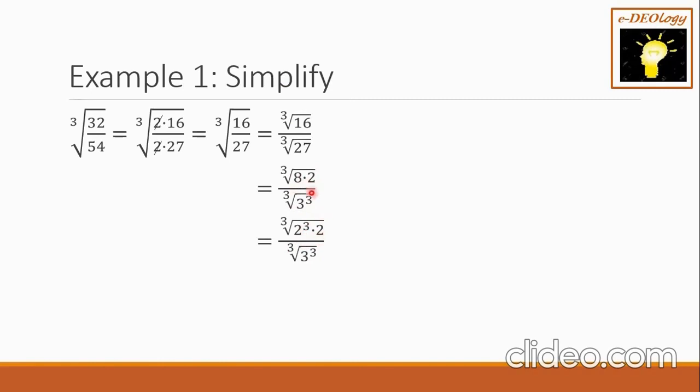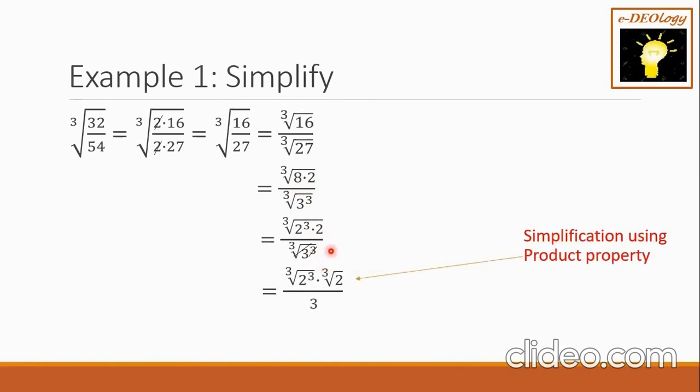In the denominator, we simply copy the same value. Now, in the numerator, we apply simplification using the product property. It means we split the radical into each of the factors. You see here we have the cube root of 2 cubed times the cube root of 2.